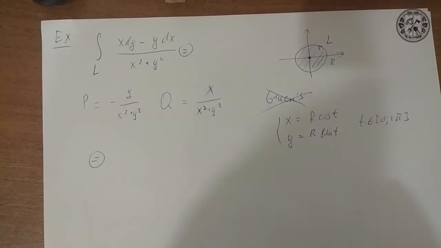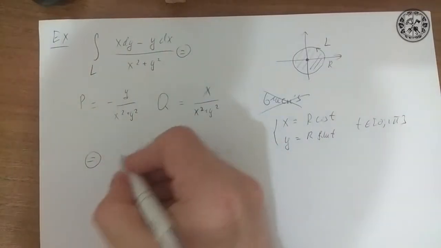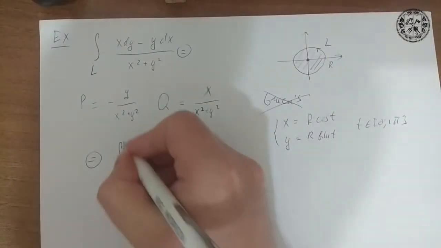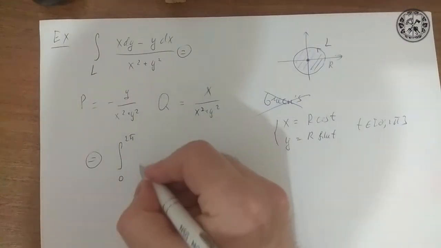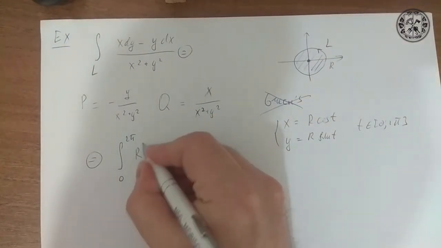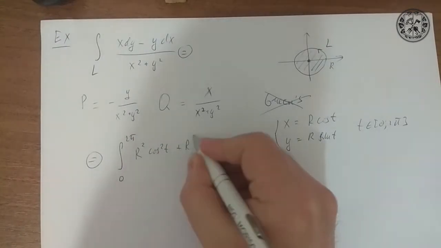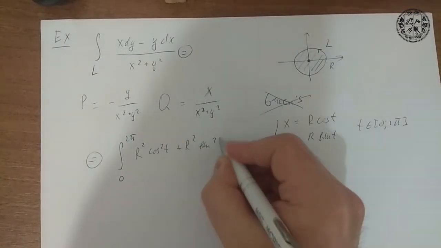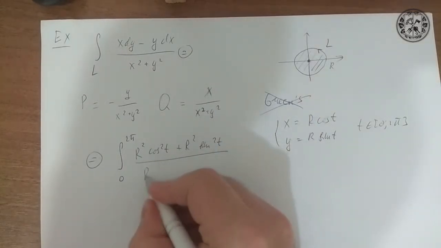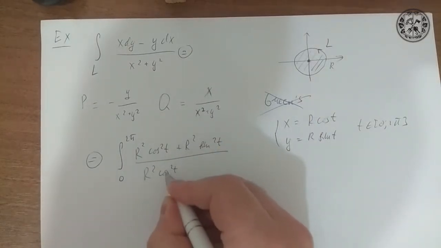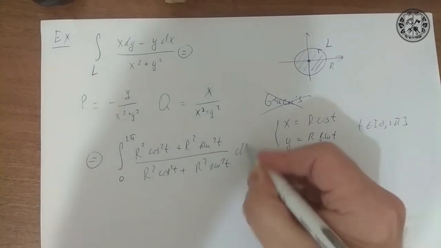Now we change everything to t and will get the integral from 0 to 2 pi, and here we get r squared cosine squared t plus r squared sine squared t. In the denominator, r squared cosine squared t plus r squared sine squared t, dt.